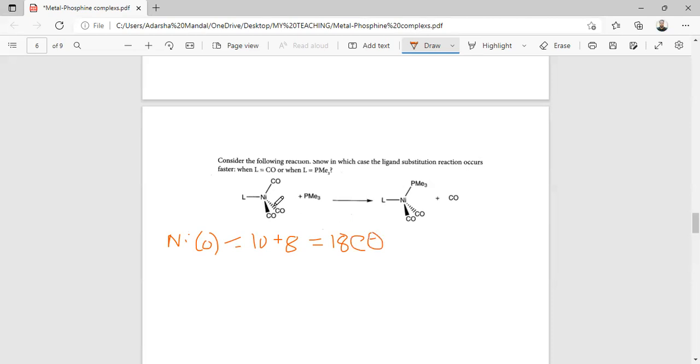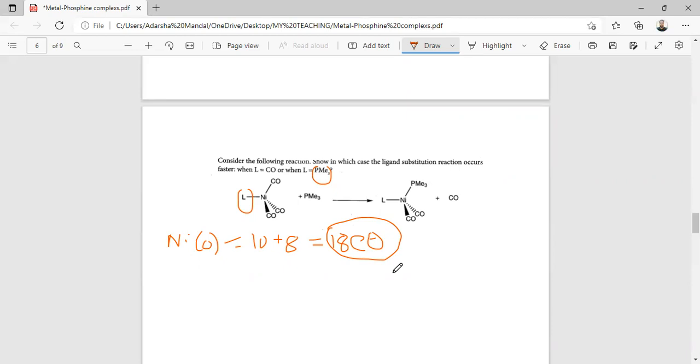So for both, when L is CO or PMe3, the nickel is an 18-electron complex. So in both cases it is a totally saturated molecule.